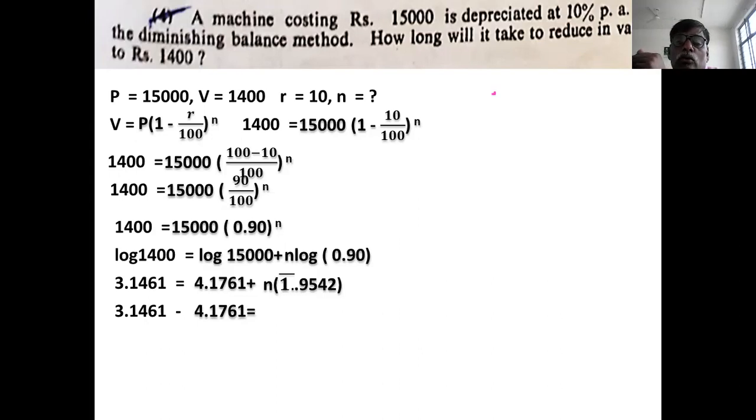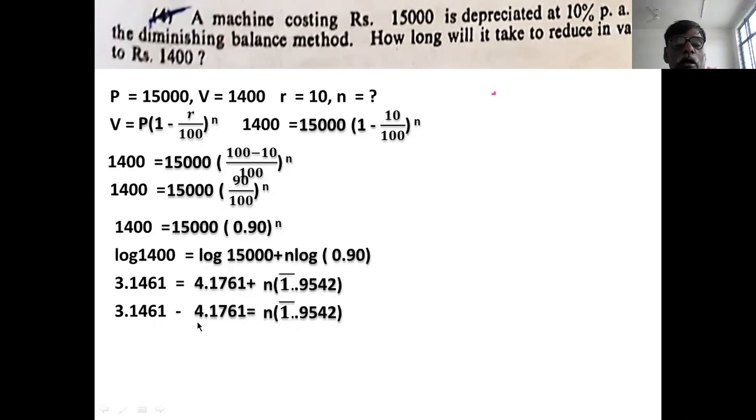Smaller to larger side you don't take. Remember this point. In this chapter, known values you have to take on one side, and the unknown value you put on the other side. This is the sequence. Okay, that is equal to n in the bracket bar 1.9542.